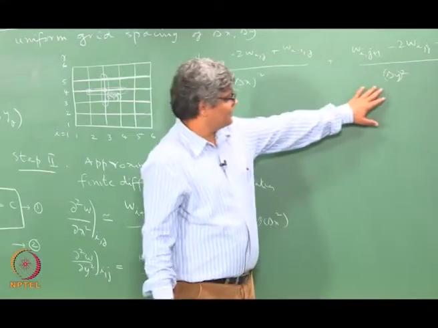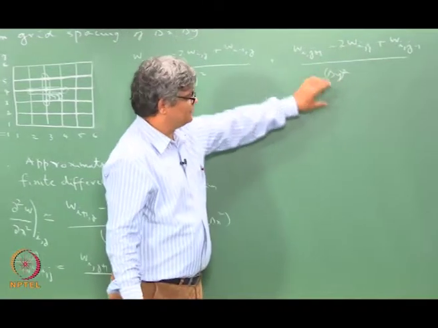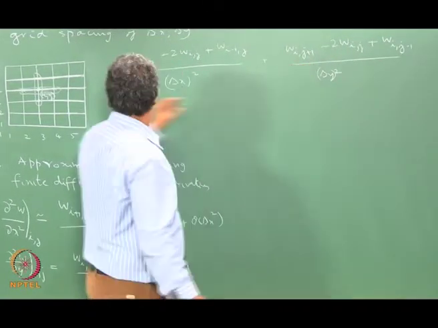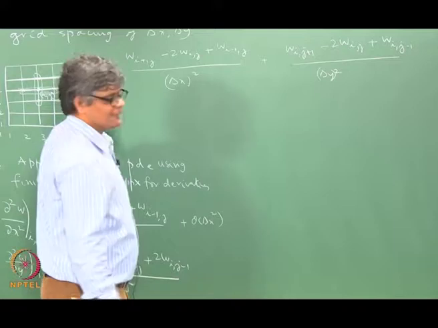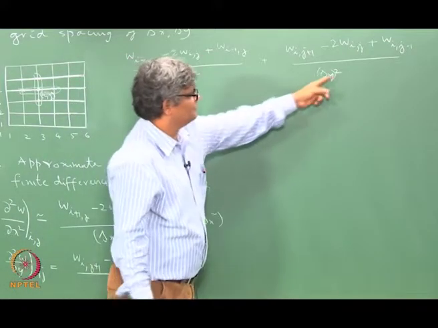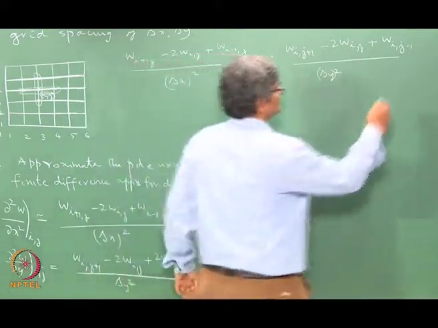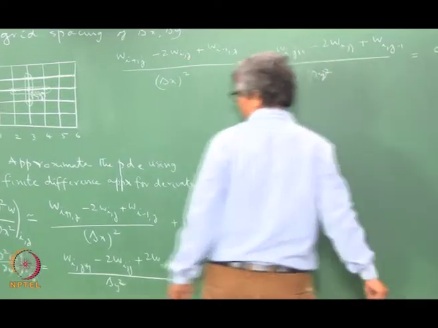Although I am calling it delta y whole square, it is not delta times y square. Delta y is a value which is the grid spacing, 1 centimeter, 1 millimeter or whatever, squared, and this is equal to the constant C.